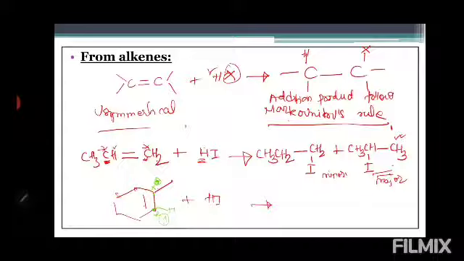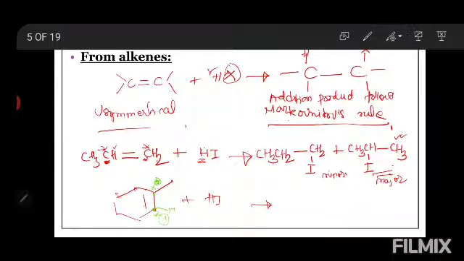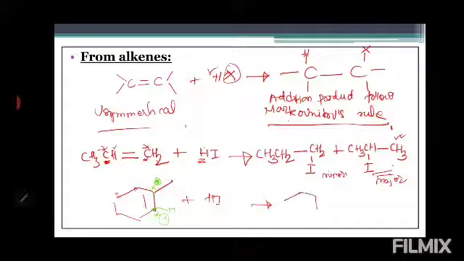So this carbon has maximum hydrogen compared to the other one. Now with hydrogen iodide, what will the reaction be like? We'll write down the major product only. The double bond will break.